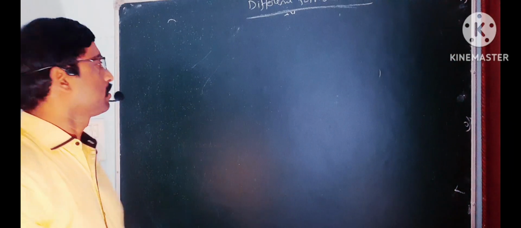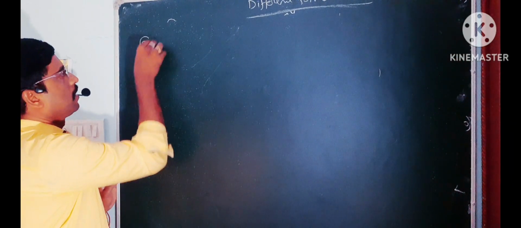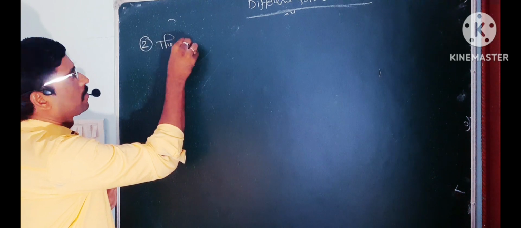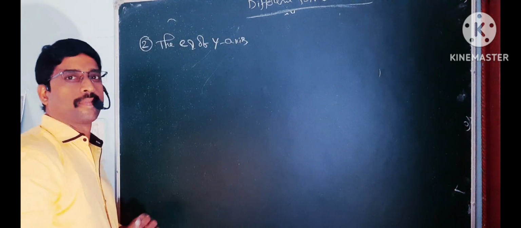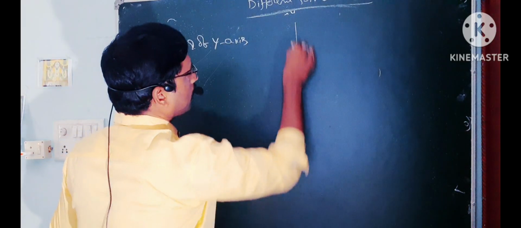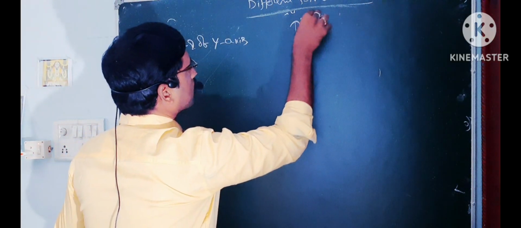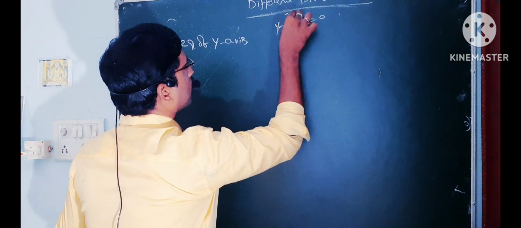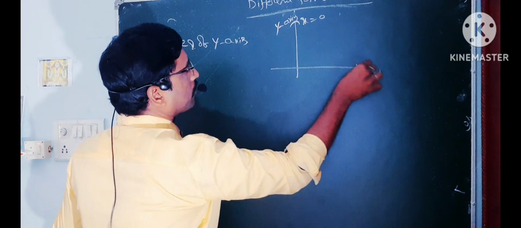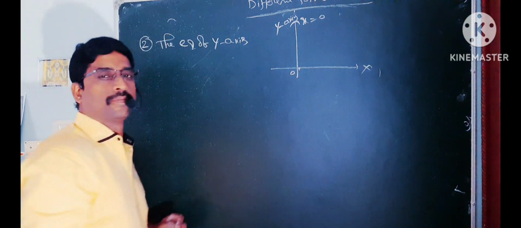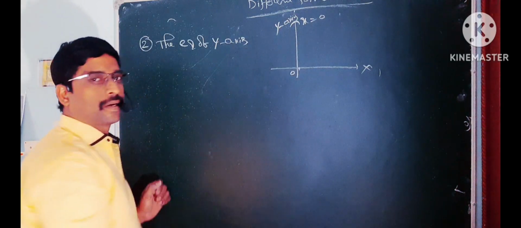Okay, now I am going to explain the equation of y-axis. The equation of y-axis is x is equal to 0. Why? Because on y-axis x coordinate is 0.